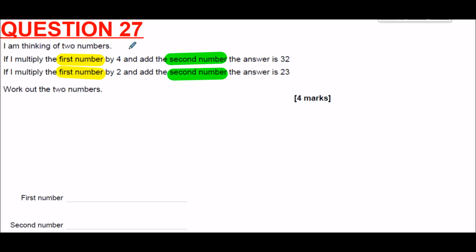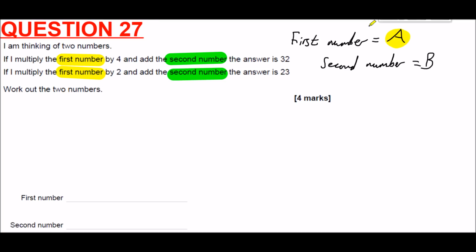So let's just call the numbers A and B, or X and Y, just call them two different letters. So I'm going to say the first number, call it A. You can call it whatever you want to, really. The second number, let's call it B.